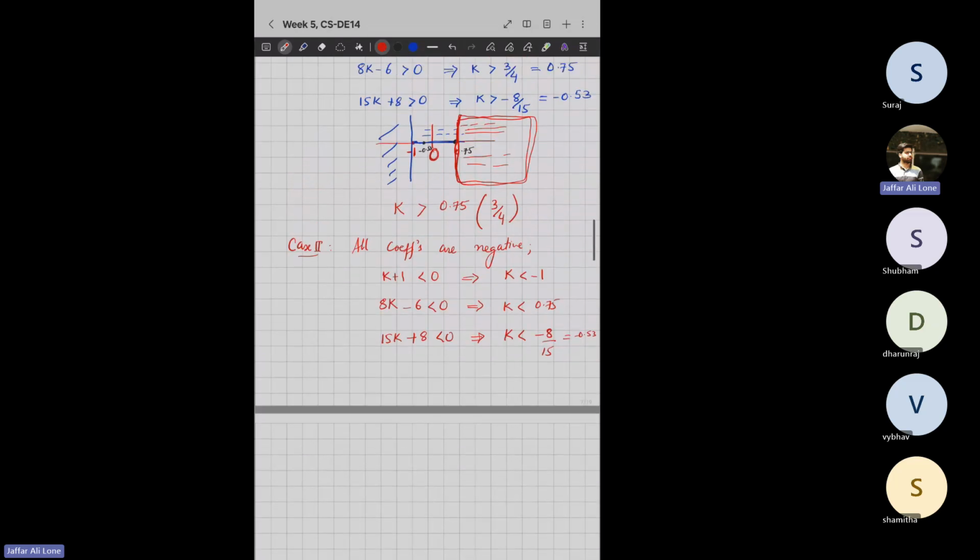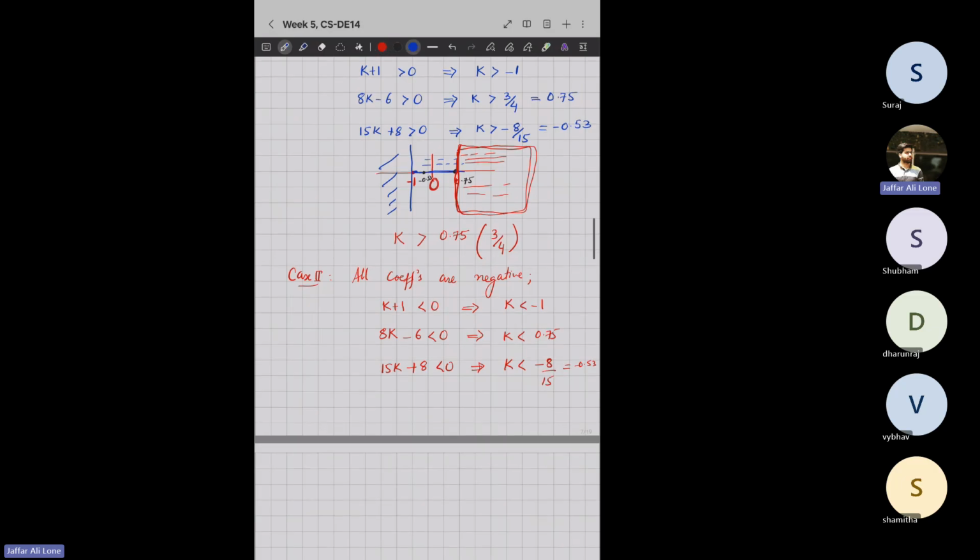Now see, same scenario. If you see here, you will get this part, because it should be less than minus 1. Similarly, if it is less than minus 0.53, this part is coming, and for 0.75, this part is coming. But you have to take the intersection only.